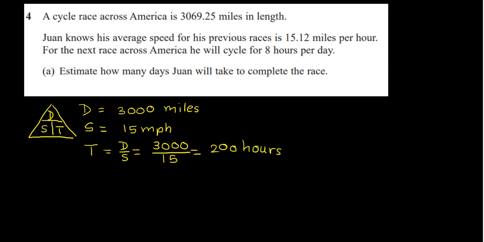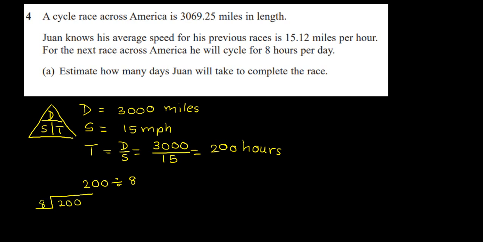Okay, for the next race across America, he would cycle for 8 hours per day. So I would do 200 hours divided by 8 hours to see how many days it would take him. I'm just gonna do a bus stop here. Don't think I've left enough space, but I'll try.